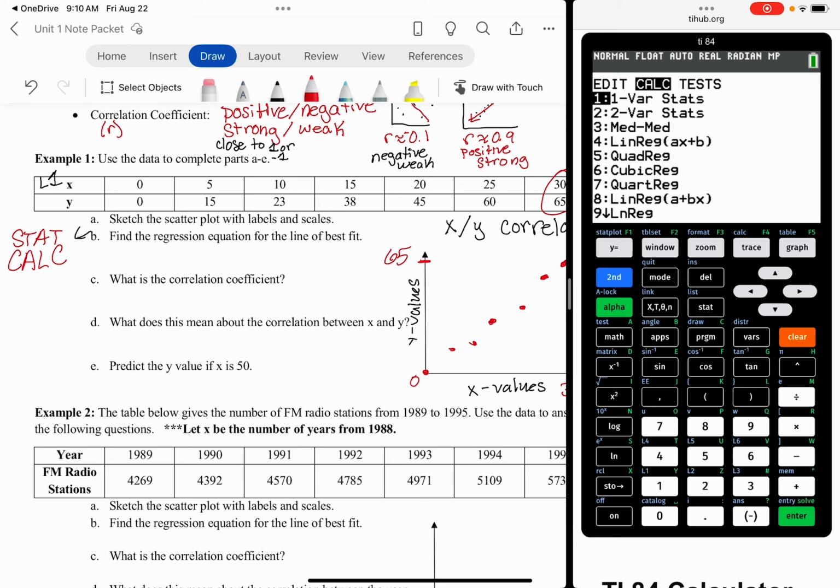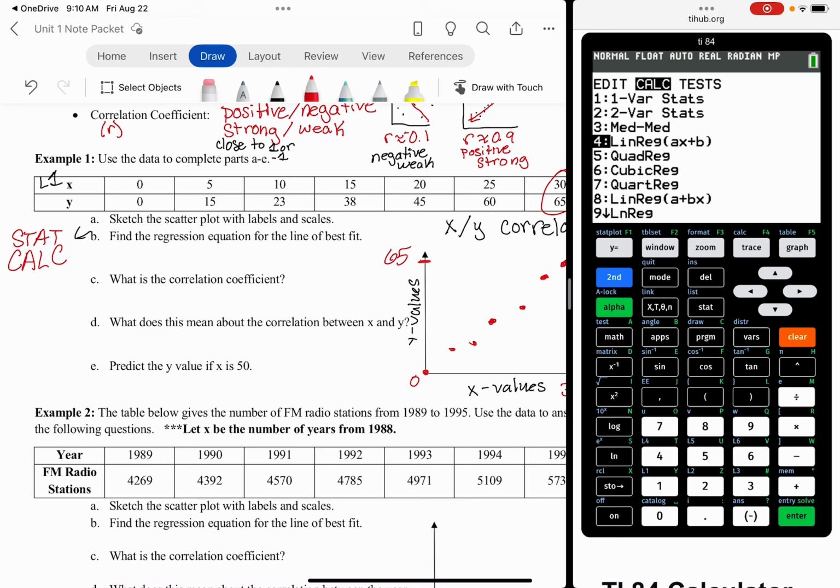So if you look at this list, you can see a few different numbers that have REG, which is short for regression, on your calculator. We want the one that says linear regression. So for that one, we can either do number 4 or we can do number 8.